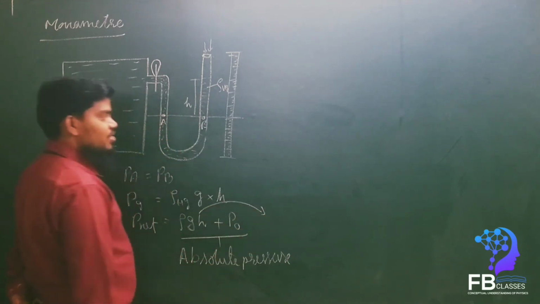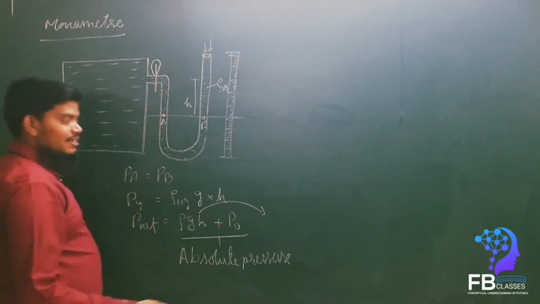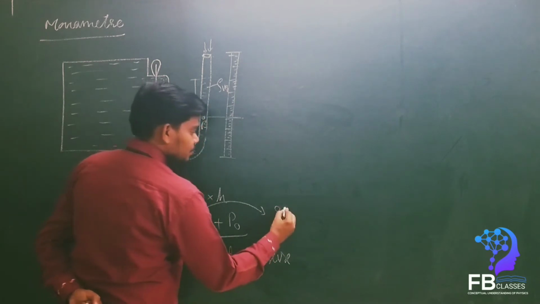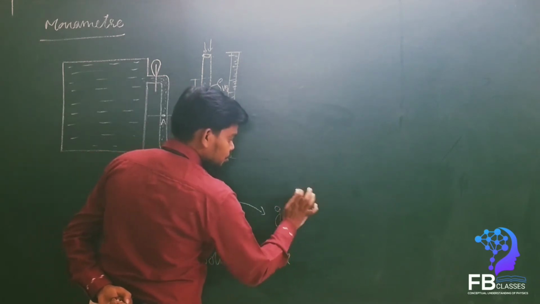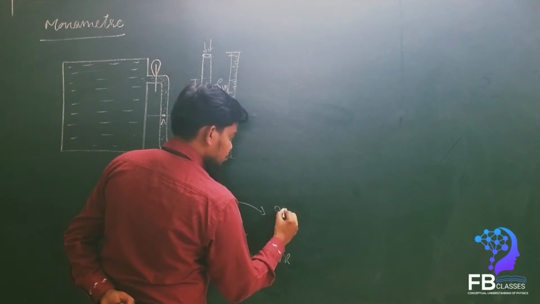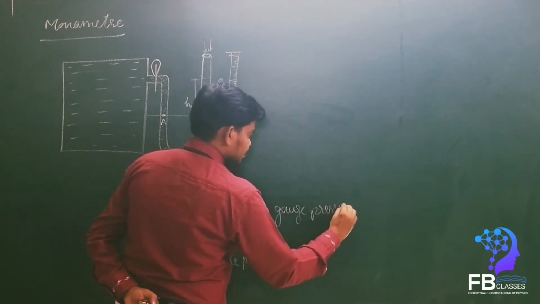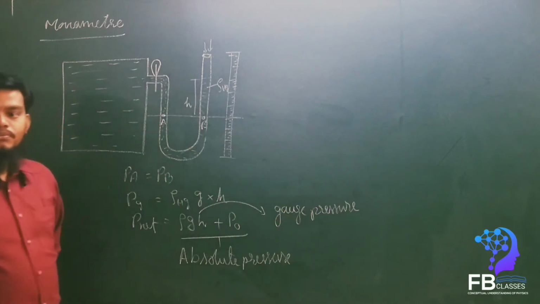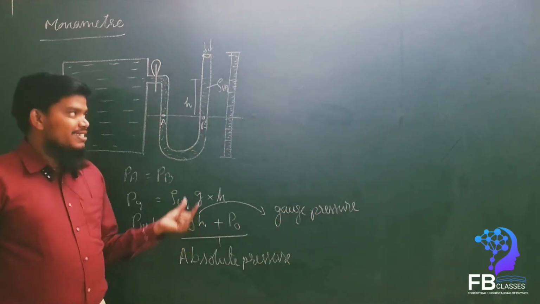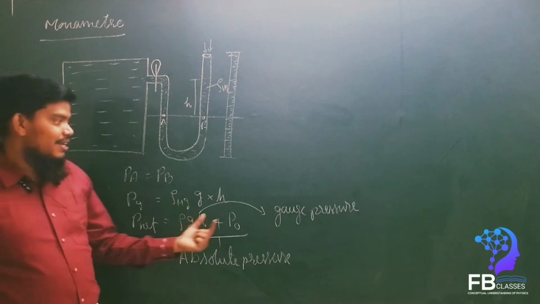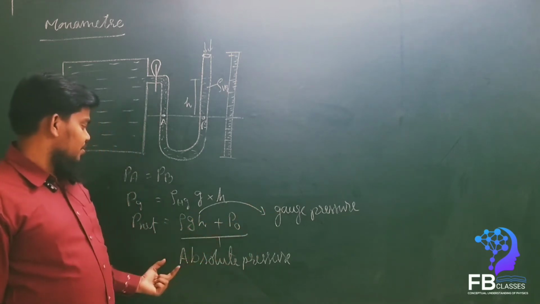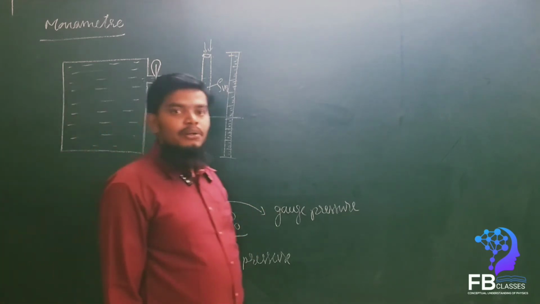Only the pressure exerted by the gas is called the gauge pressure. So the pressure due to the gas alone is called the gauge pressure, and the total pressure we call the absolute pressure.